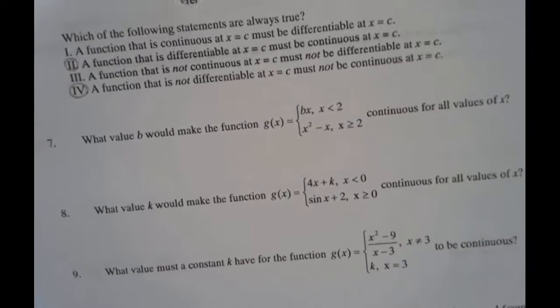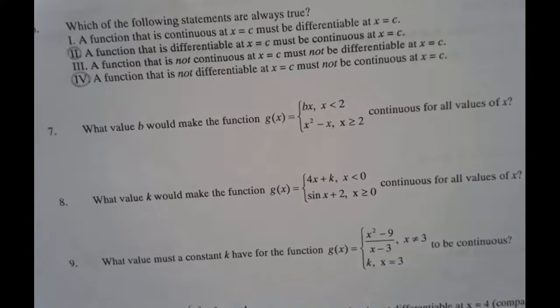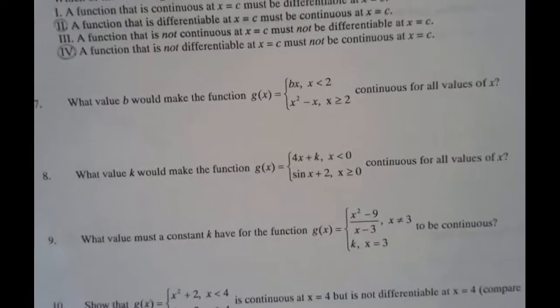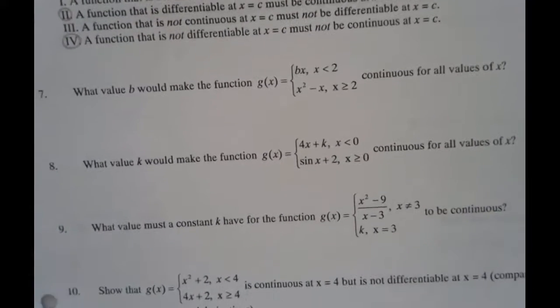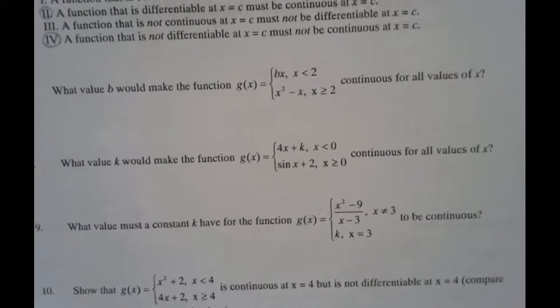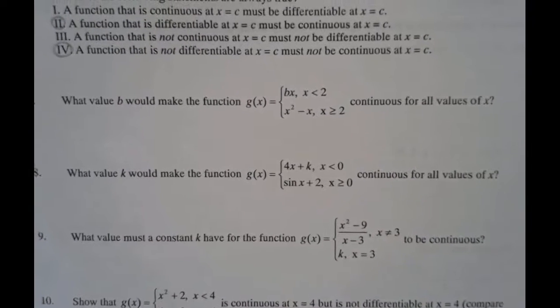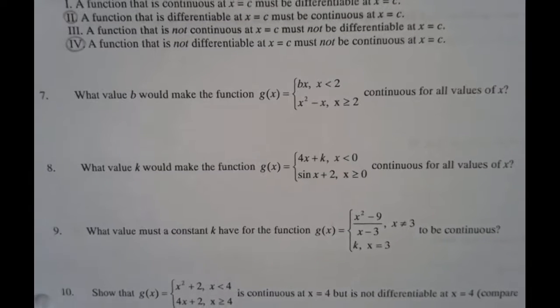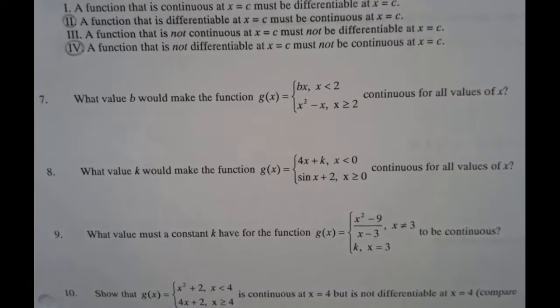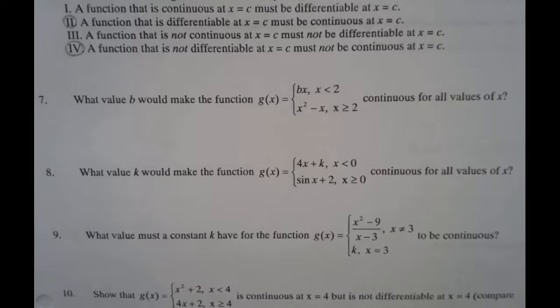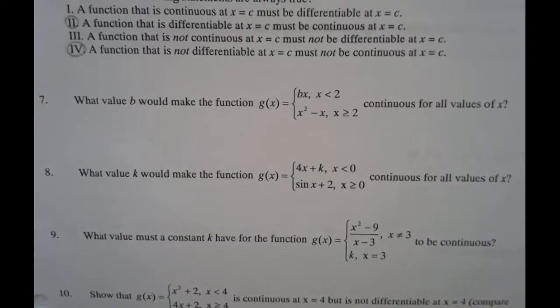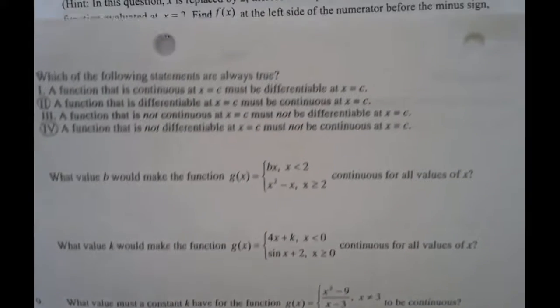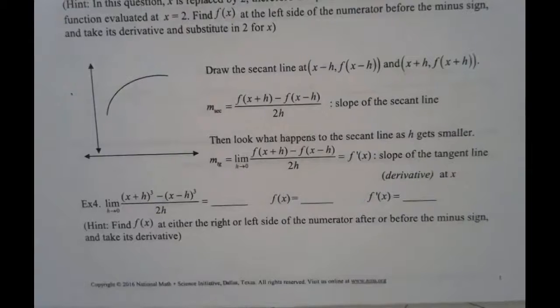And then 4, a function is not differentiable at x equals c, must not be continuous. That's false, actually, because you can have continuity but not differentiability. So the only one that is true is 2.